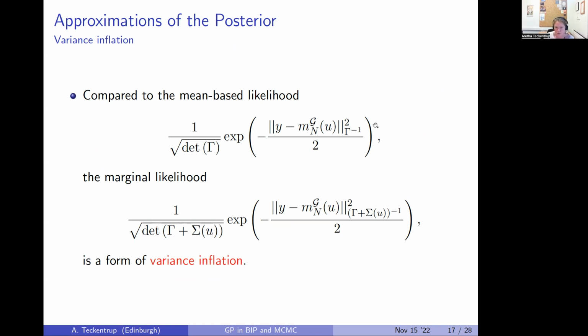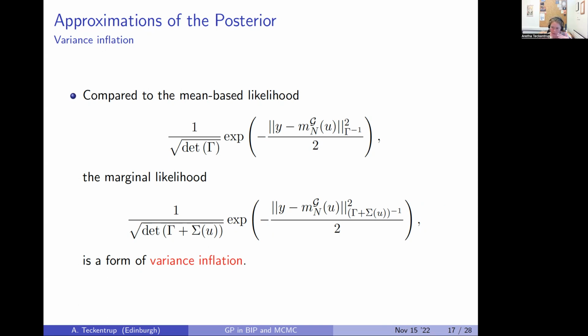If you compare that to the mean-based likelihood, where we just had the mean as the surrogate model and then just weighted by the observational noise gamma, you can see that you get a form of variance inflation. So you're adding this sigma of U onto the variance that you have in the likelihood, and that's why you're seeing these broader posteriors.